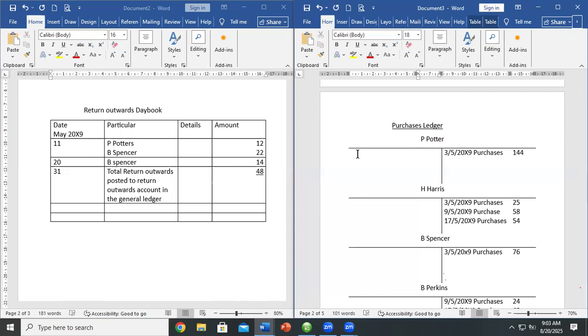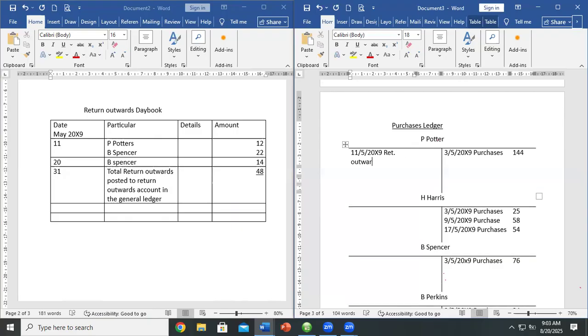So you come to P Potter's account, put in the date 11th May 20X9. Then the narration will be return outwards. So let me abbreviate because of my space. Return outwards. And then you put the figure there.